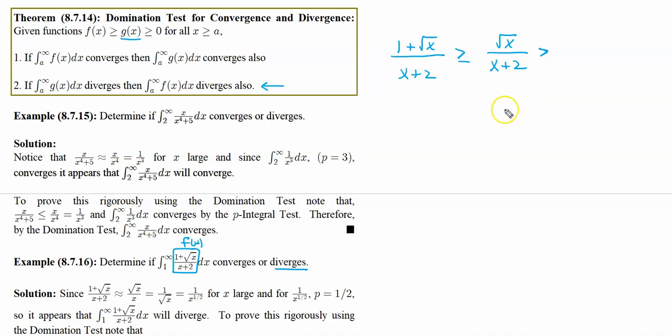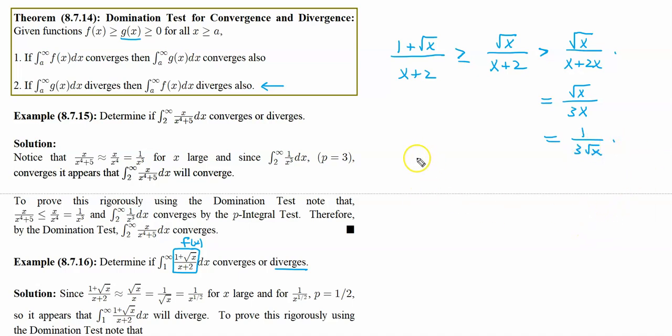You know, if we look at 1/3, that is going to be bigger than 1/8. I made the denominator larger. Well, what we're going to do is replace the 2 in the denominator with a 2x. Remember the x is supposed to be bigger than or equal to 1, so certainly that's true. And then this is equal to root x over 3x, which we can write as 1 over 3 root x.